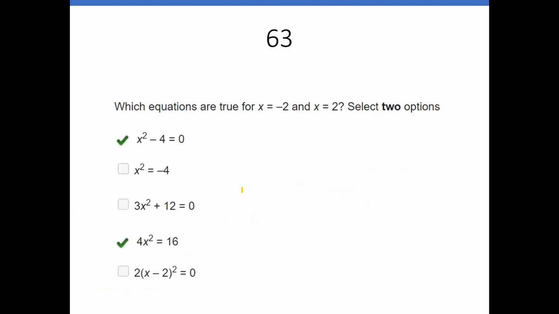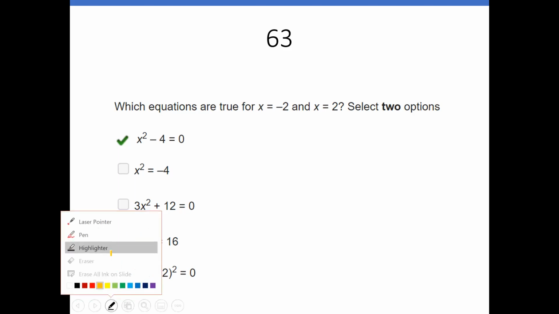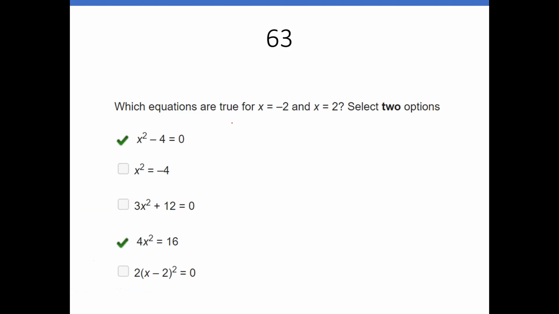All right, number 63. All right, so for number 63, it says which equations are true for x equals -2 and +2. So what you can do here is you can do guess and check, okay?